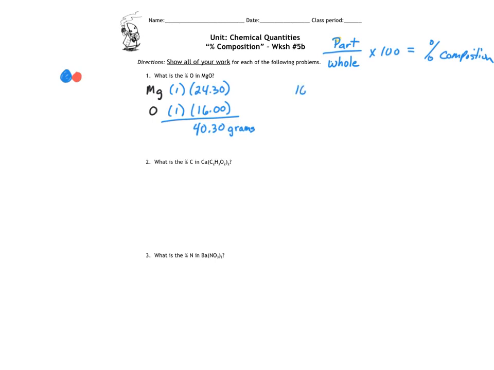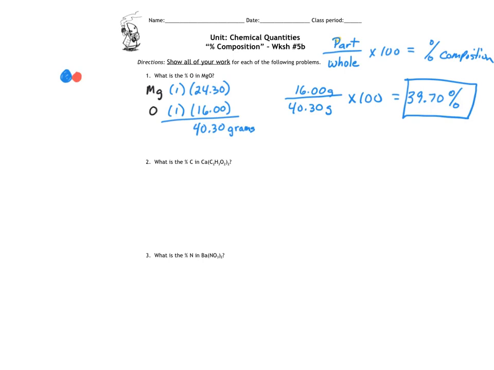So it's going to be 16 grams, because that's the whole amount of oxygen I had, divided by 40.30 grams times 100, and we'll put that in the calculator. 16 divided by 40.30 times 100, and your answer is going to be 39.70. I'm going to use 4 significant figures, percent, and that would be my final answer for this question.